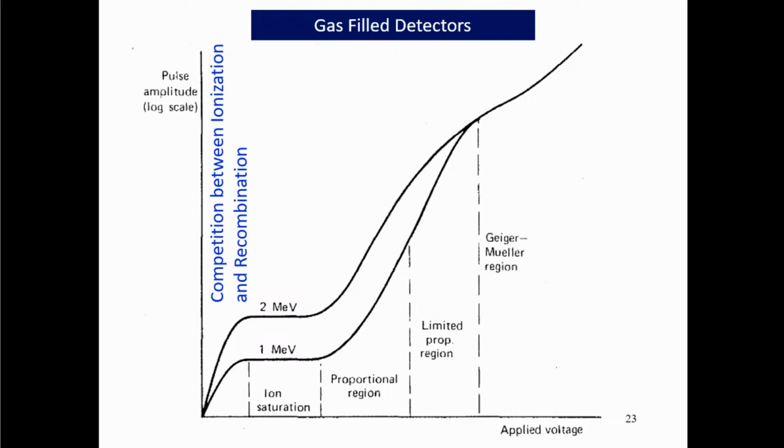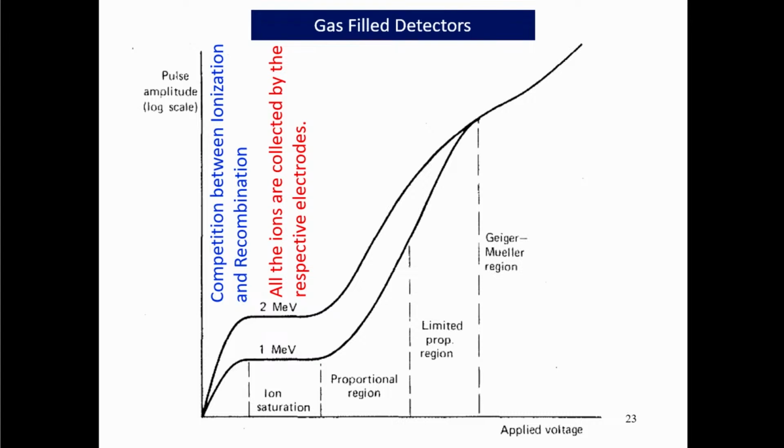That is why, when you reach this plateau region, all the ions are collected by the respective electrodes. So, recombination is not possible beyond this certain applied voltage. That region is called the ion saturation region, and you can use ionization chambers, which are basically current mode detectors, in this region.